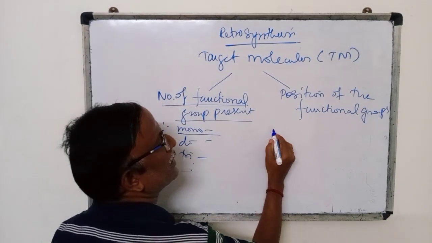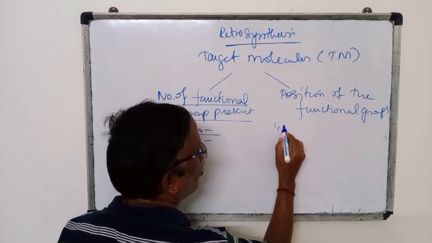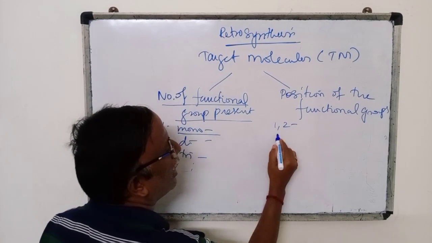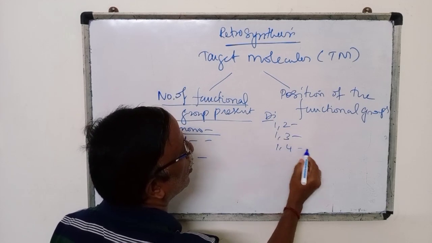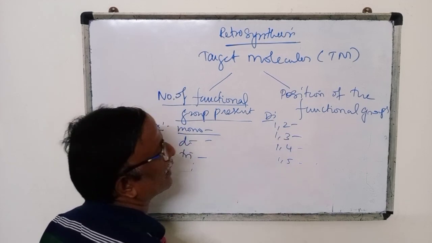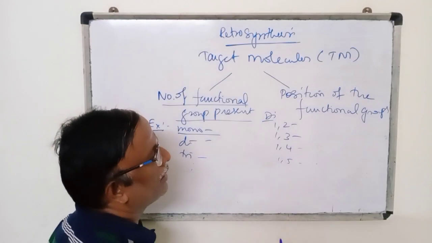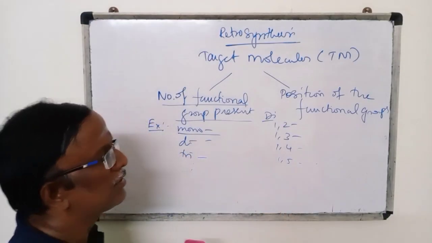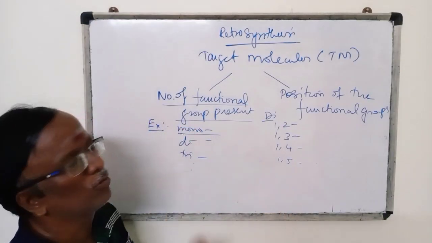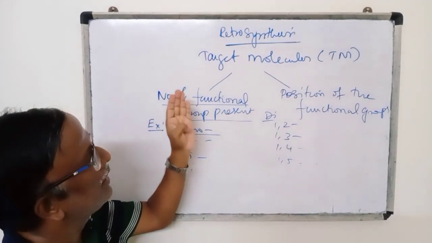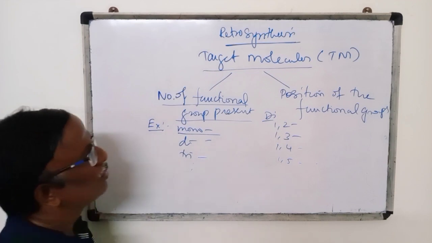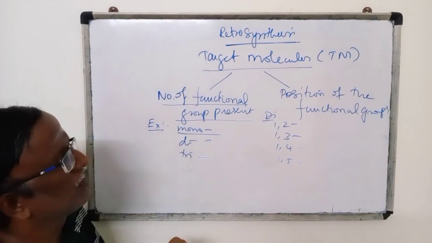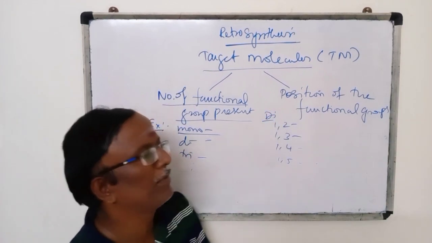Whether the functional groups are at the 1,2 position or 1,3 position in the case of disubstitution, 1,4, 1,5, etc. Or in the case of tri-substitution, what kind of relationship exists between the functional groups present. Based on that, one can categorize target molecules into two types: the number of functional groups present, and the position of the functional groups present.